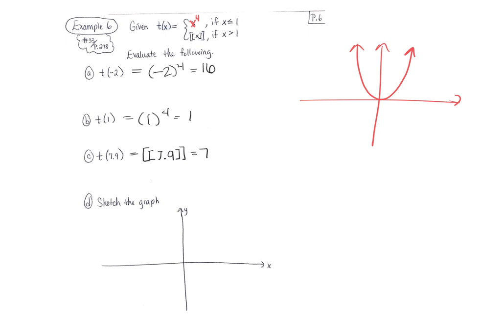But the thing is, we only want x to the 4th if x is less than or equal to what? 1. So we go out to x equals 1. When x is equal to 1, what is y? 1. Good. Because t of 1 is equal to 1 to the 4th.